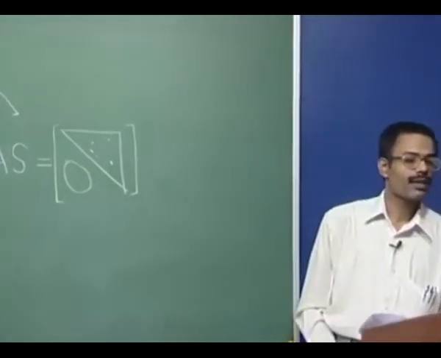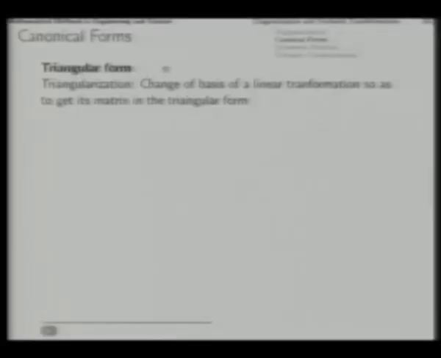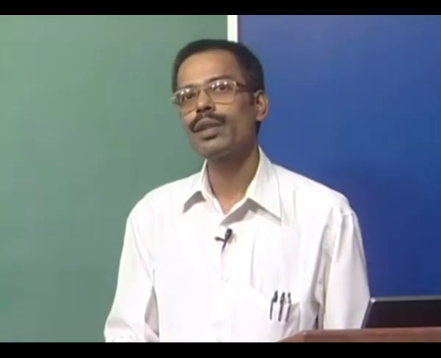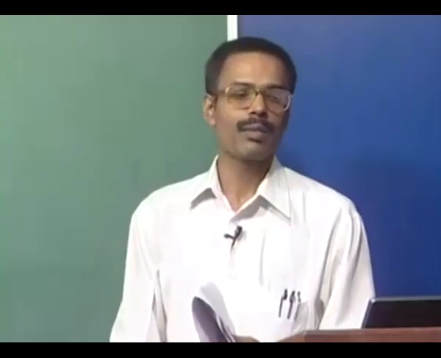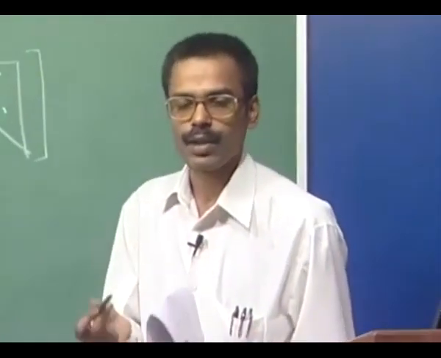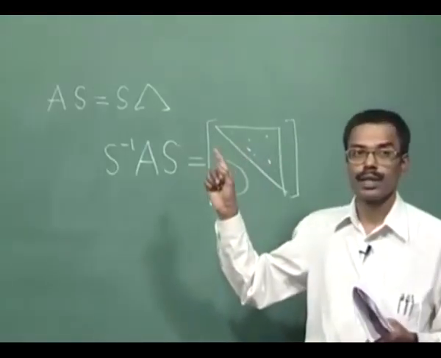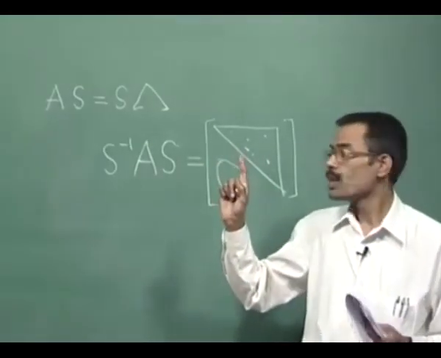Now, the practical significance of it is that this is always possible, and this is possible always through orthogonal similarity transformation. The Jordan canonical form is always possible, but for Jordan canonical form the S that you need is not necessarily orthogonal.